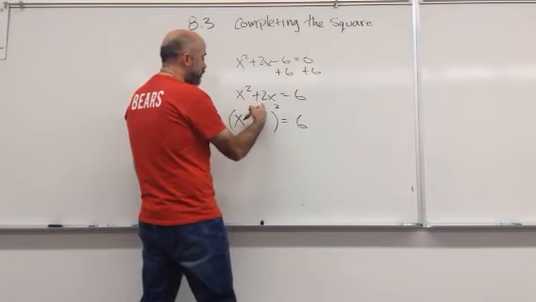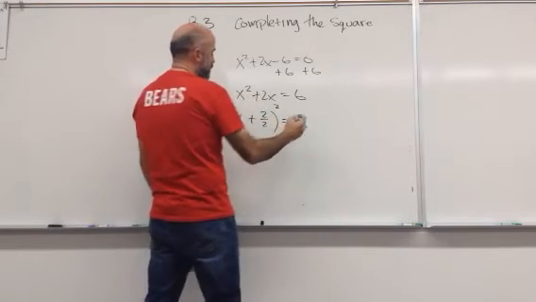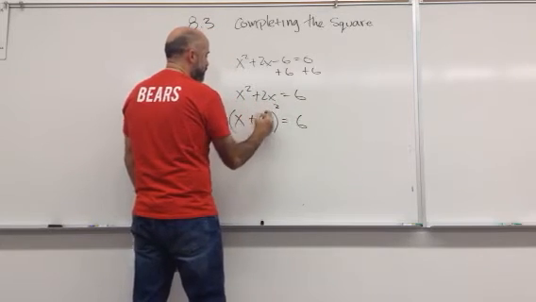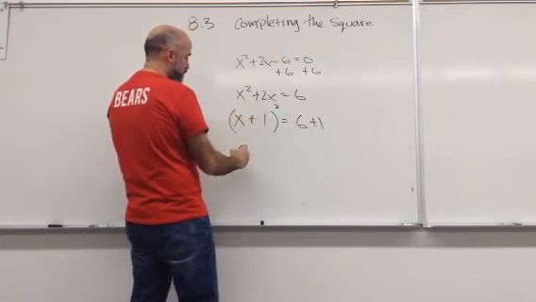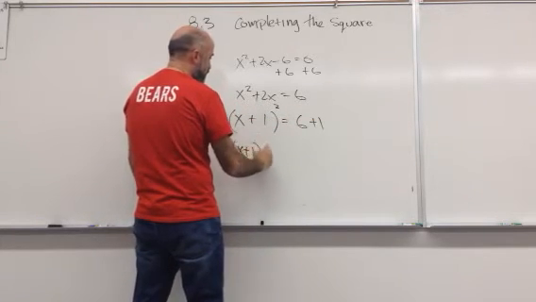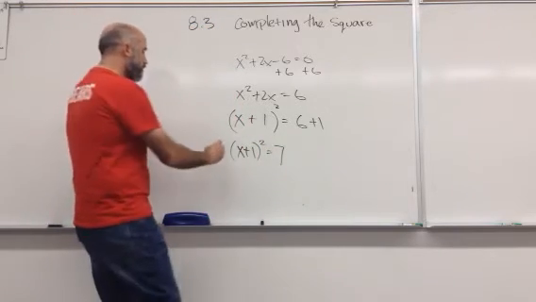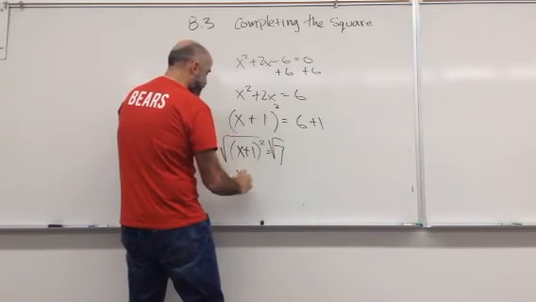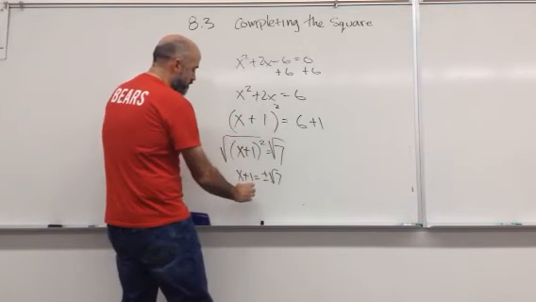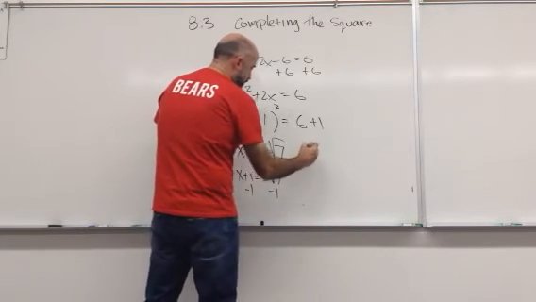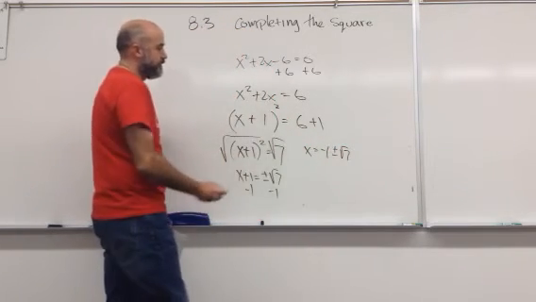B over 2 is 2 over 2, which is 1. So that's 1. 1 squared is 1. X plus 1 squared equals 7. Square root both sides. X plus 1 equals plus or minus the square root of 7. Minus 1 from both sides, and x equals negative 1 plus or minus the square root of 7. This is the answer.